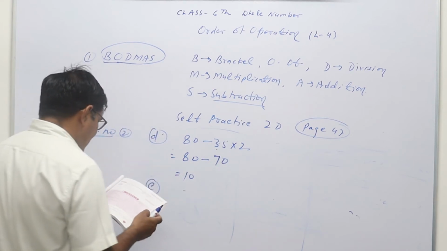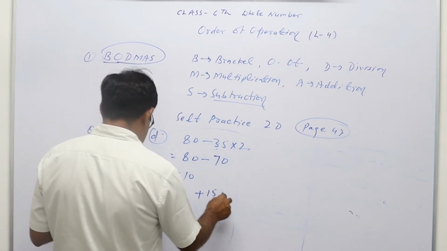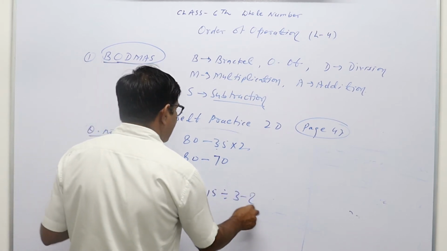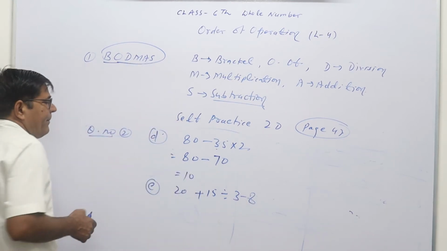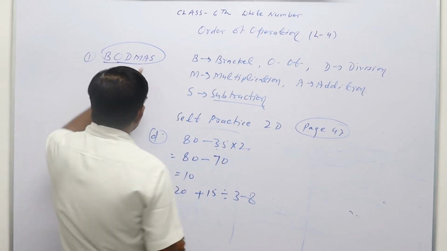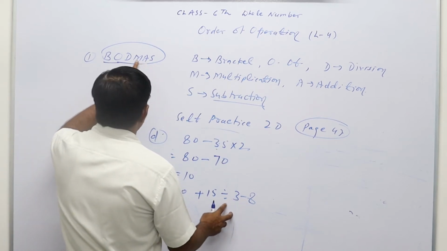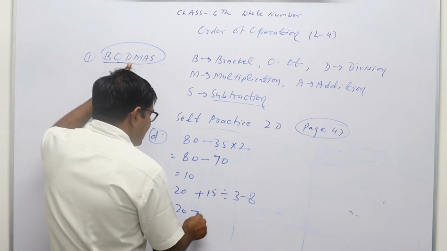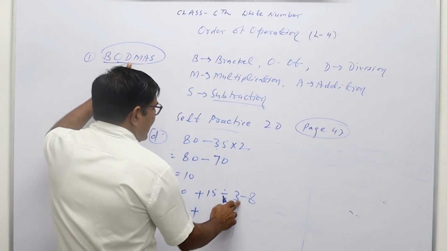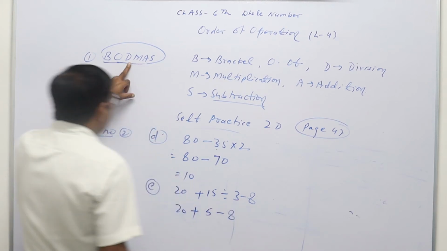Then question number E, 20 plus 15 divided by 3 minus 8. Again three operations are there. One is addition, then subtraction, and one is division. So first we will do the division operation. So 20 as it is plus, 15 divided by 3, that will be 5, minus 8.